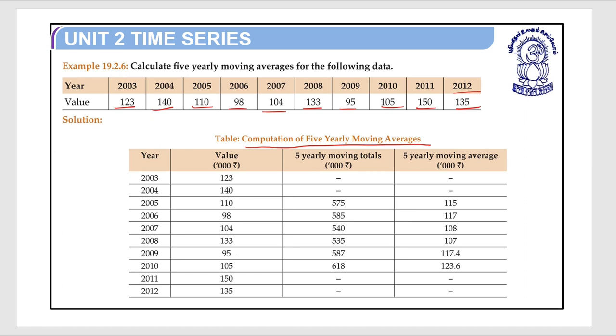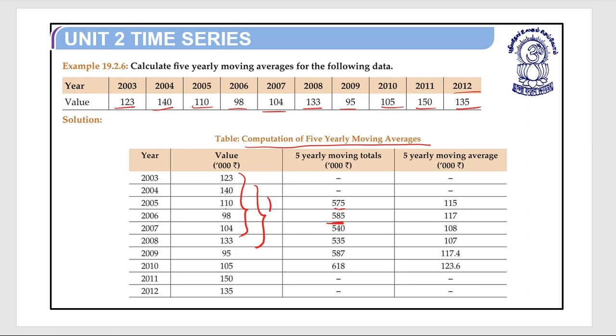Take the first 5 values: 123 plus 140 plus 110 plus 98 plus 104 gives 575. Same way take 140, 110, 98, 104 and 133. You will get the answer 585.